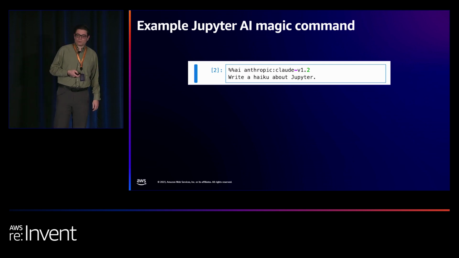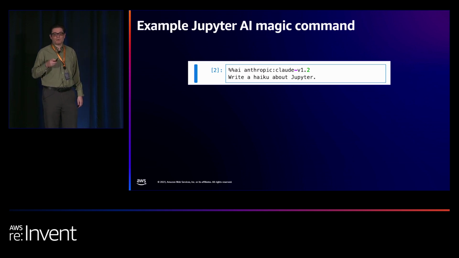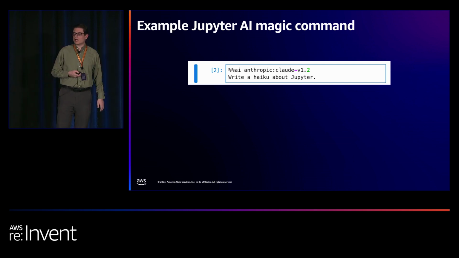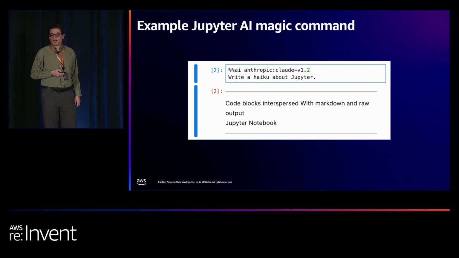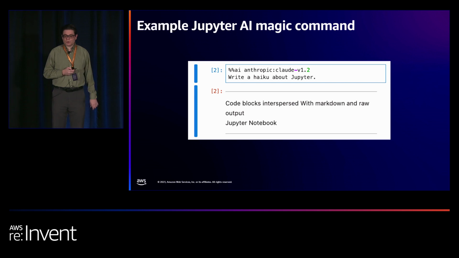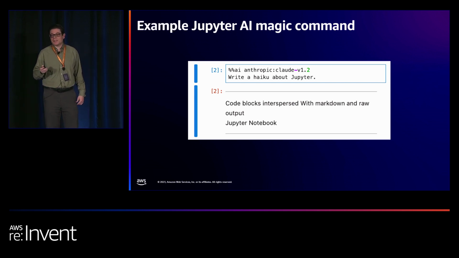In this case, we say, write a haiku about Jupyter. And when we run this, Jupyter AI is going to parse this, send the appropriate command over to Anthropic's Claude 1.2 model. We get a response back, code blocks interspersed with markdown and raw output, in the Jupyter notebook. I didn't hear any snaps on that, but that's OK.